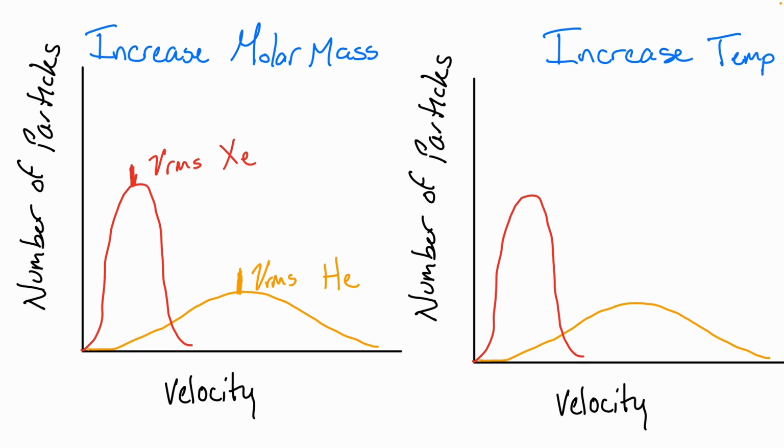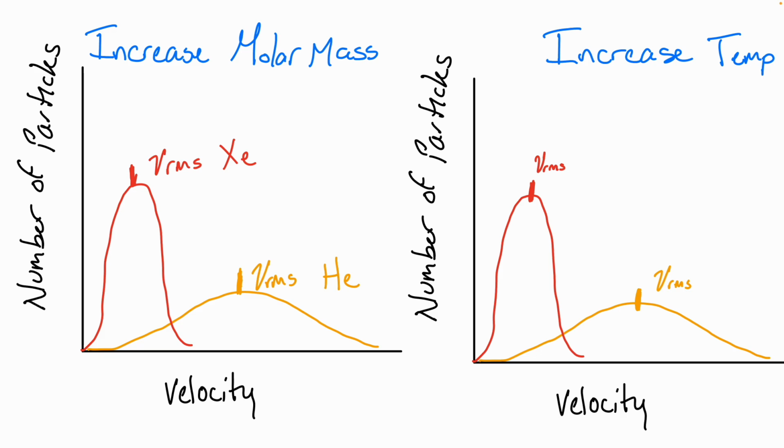And if we look, where is our root mean square here? So for the orange curve, we have a larger value for that root mean square than we do for that red curve. So what do we think? Orange is high temperatures or low temperatures?